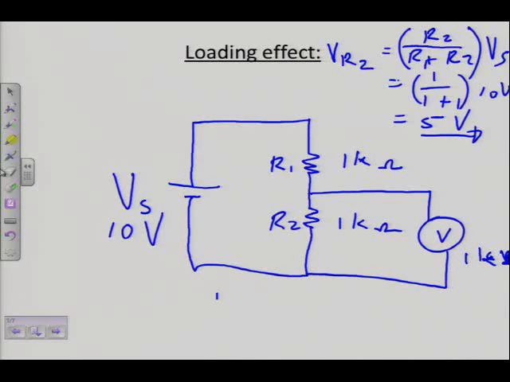What is the total resistance of two resistors in parallel of the same value? If I have two resistors of the same value in parallel, what's the total resistance? Half of that. You were also taught that in electrical engineering.